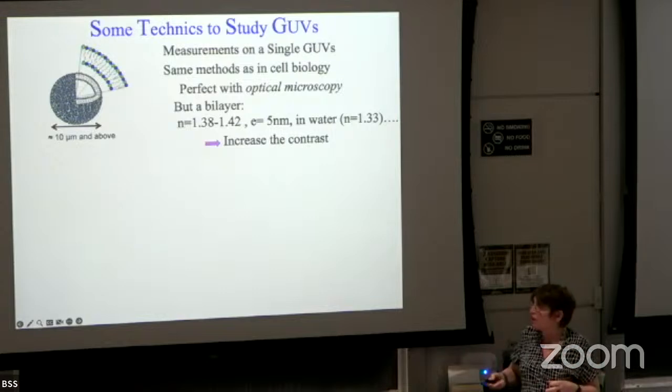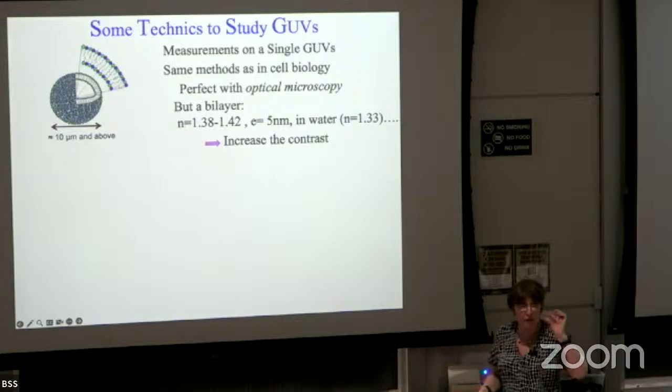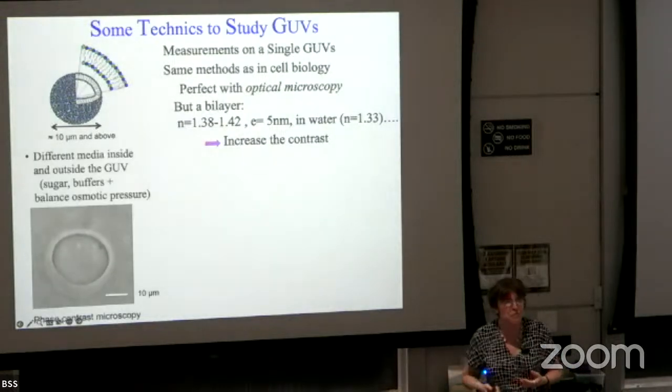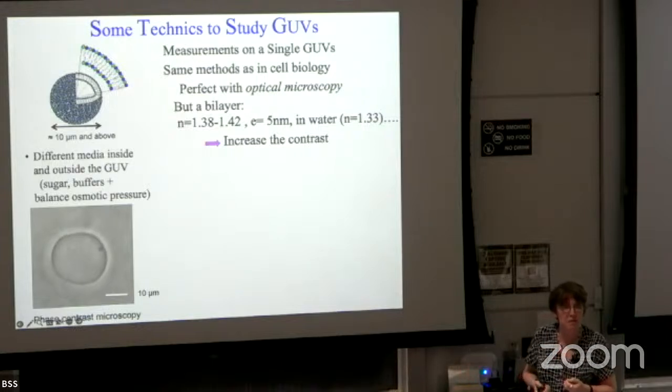The problem with these vesicles is they have a tiny bilayer, 5 nanometers, and its index is not so different from water. So it's not so easy to look at, and you have to find ways to increase the contrast. And that's something Marcus will maybe love, to see some fluctuations.